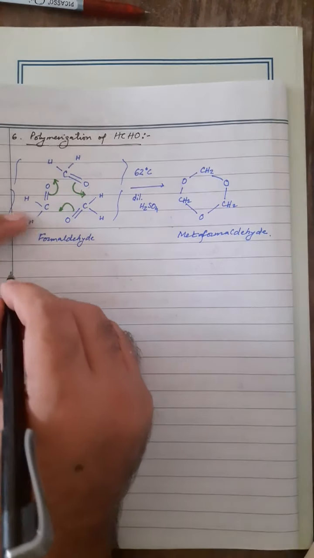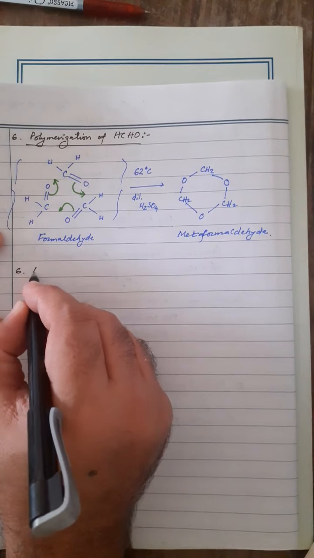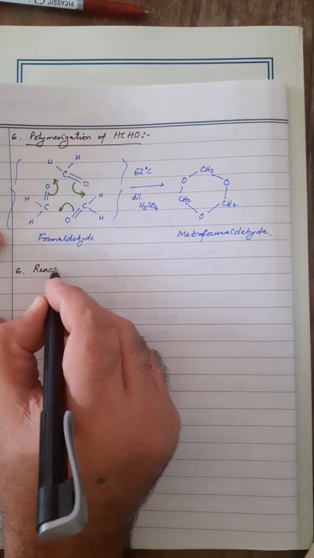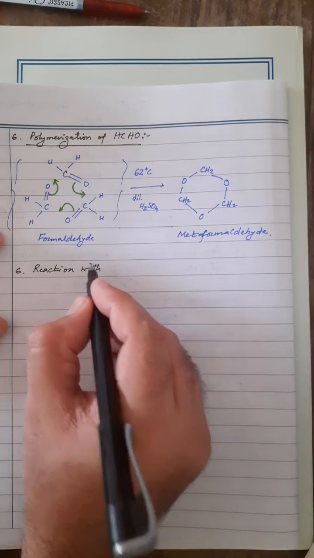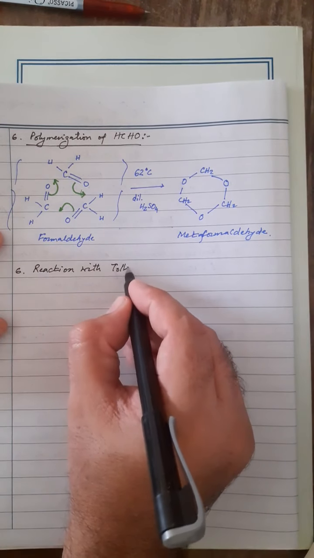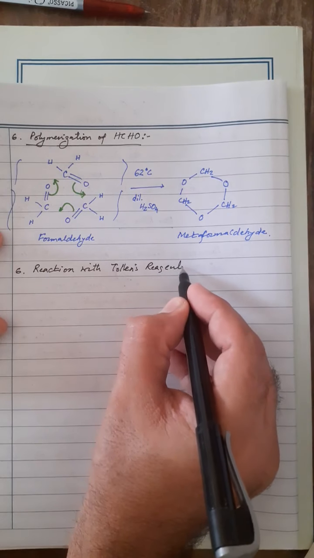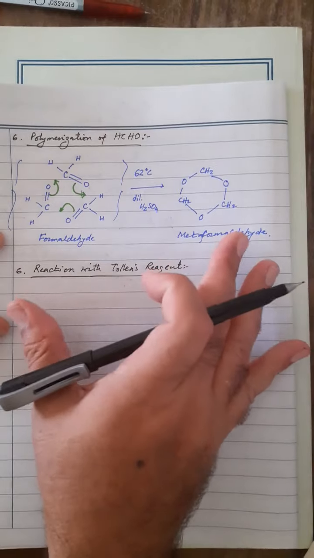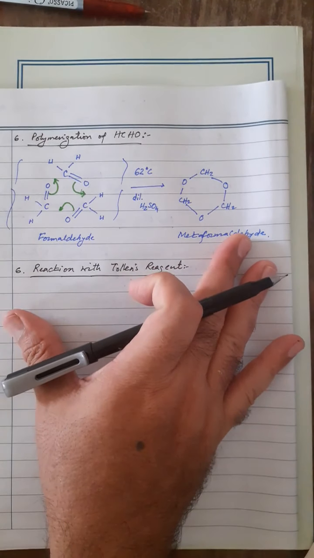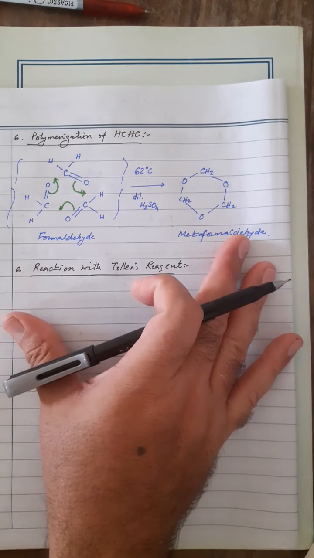The last but not the least is the Tollens reaction, or reaction with Tollens' reagent. Now this is another positive or negative test for presence of a free carbonyl group and glucose.